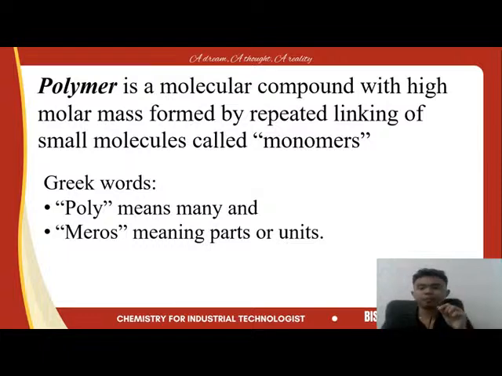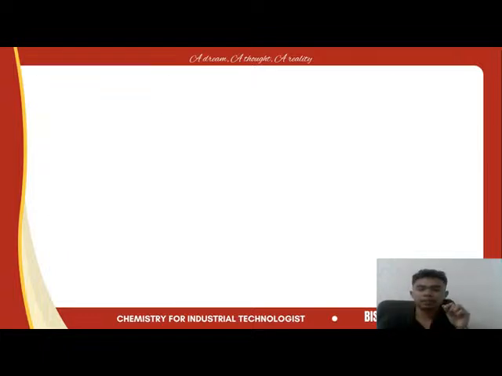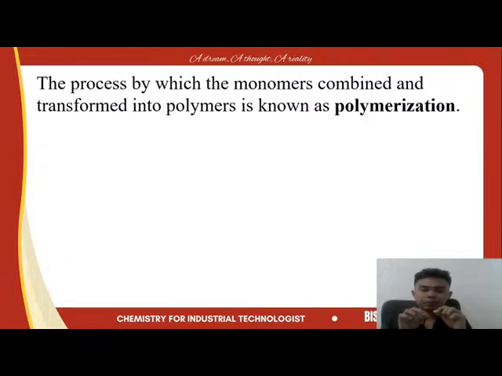Okay, now the process by which the monomers combine and transform into polymer is known as polymerization. So again, the process by which the monomers combine and transform into polymers is known as polymerization. So monomer plus monomer equals polymer, I mean. And the process itself is called polymerization.